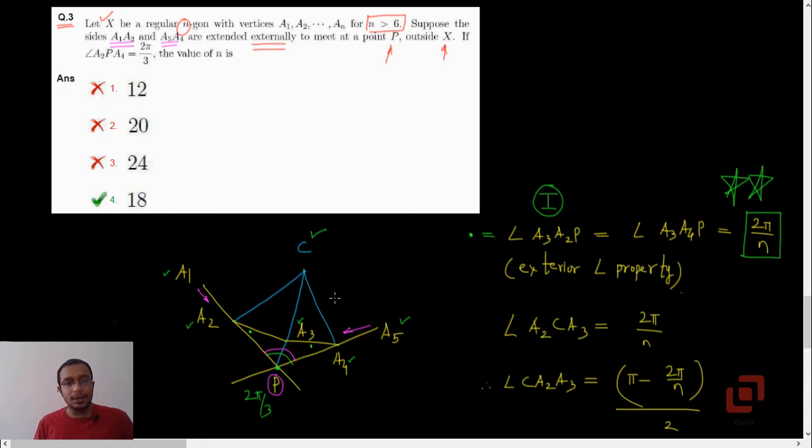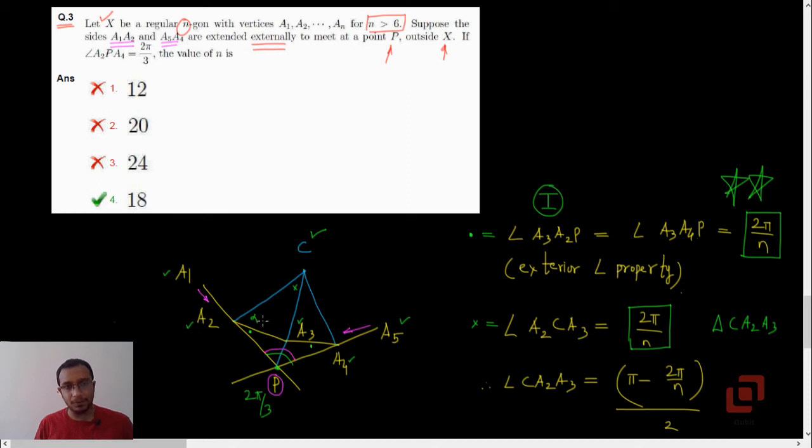Now we go to the triangle CA2A3. This being a regular polygon, triangle CA2A3 will be an isosceles triangle. And this being the central angle, angle A2CA3, it will also be equal to 2π/n because there are n sides. Therefore, if we are required to find this angle, let us call it alpha.